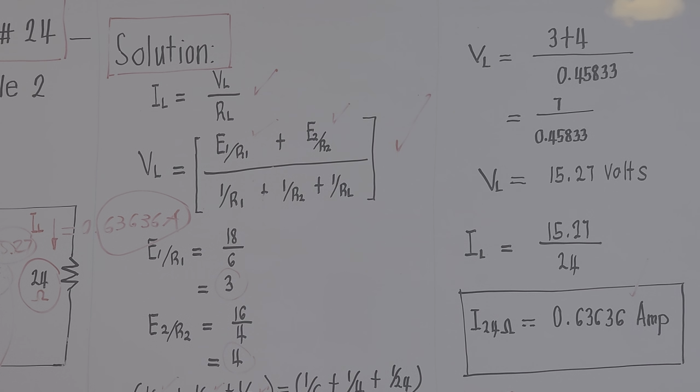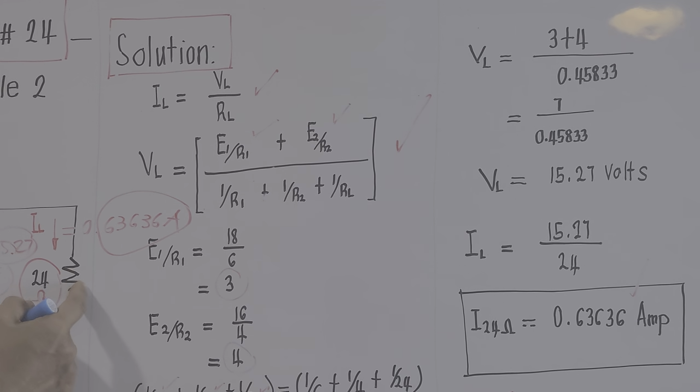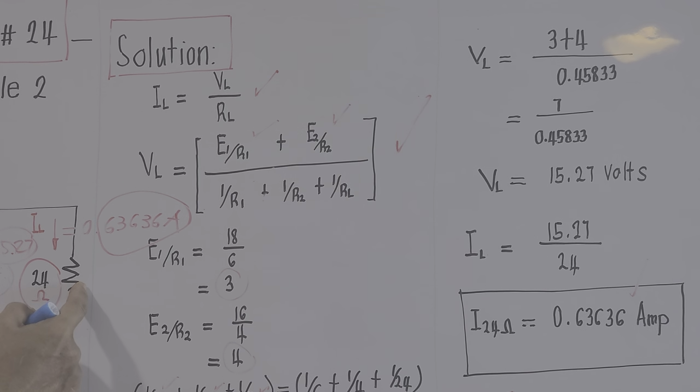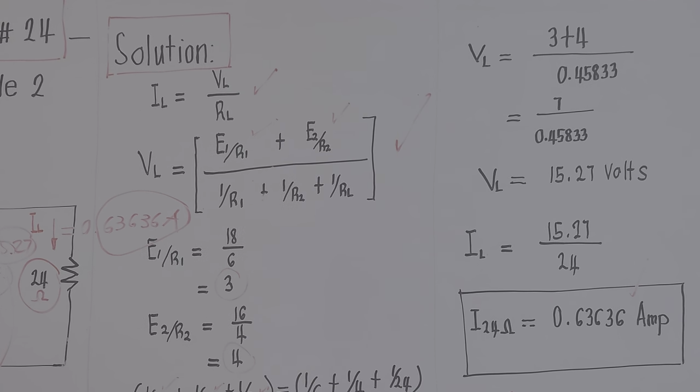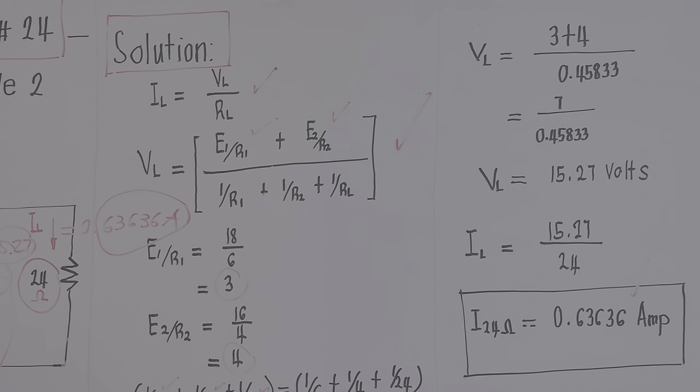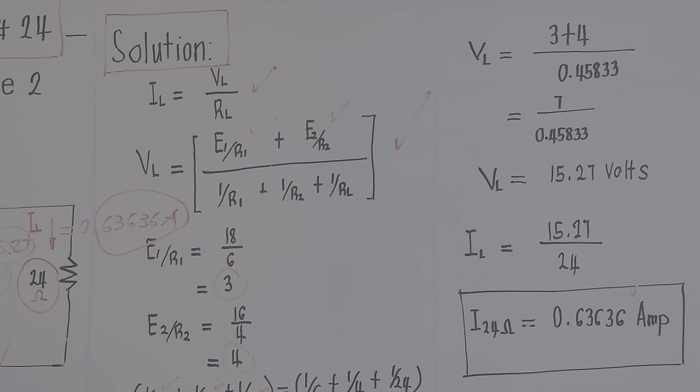This 6 here and this 24 are in parallel. So it seems there is a 24 over here if we transfer it, right? So this is 24, in parallel with the 6. The single equivalent of this one will be the product 24 times 6 all over the sum, which is 24 plus 6, which is 30.